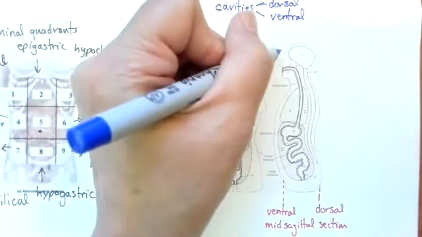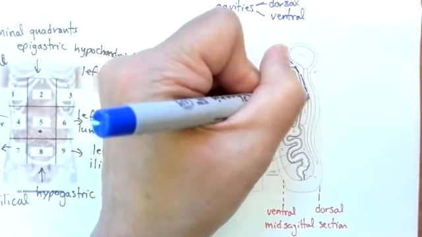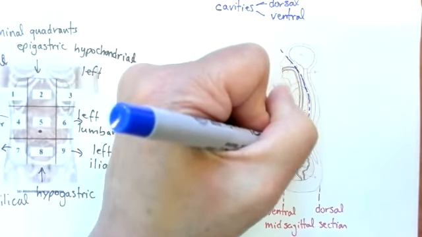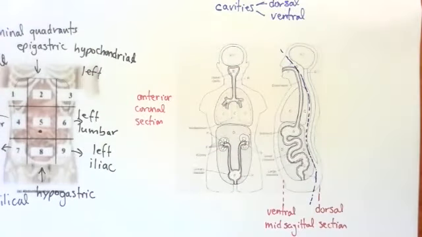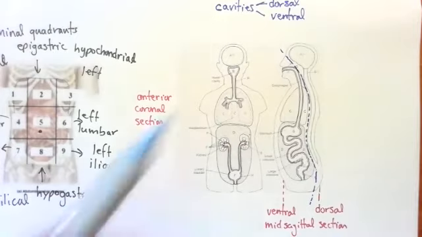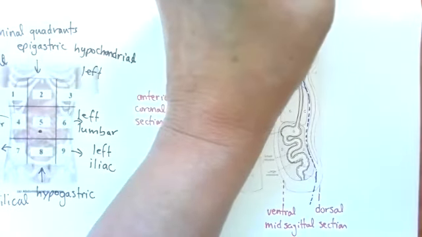So I'm going to draw a line here. And I'll do the dorsal cavities in blues and greens, and I'll do the ventral in other colors. So let's start with the dorsal cavities. I have two. So this gets divided into two.